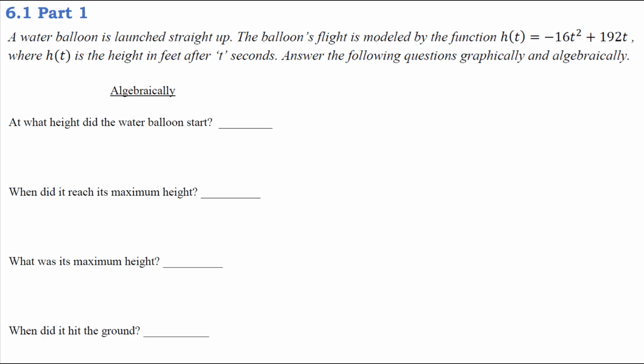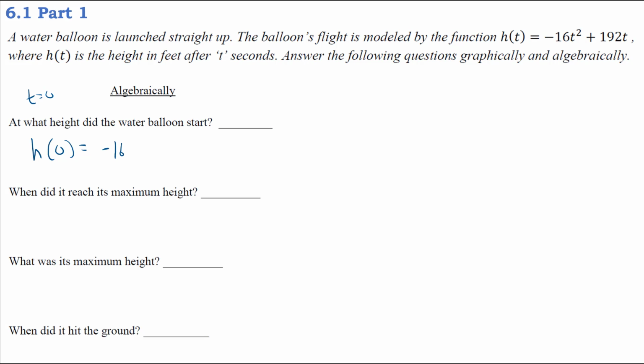What height did the water balloon start at? In other words, where did it start? Well, we want to put in our time of 0. So if h of 0, we're going to substitute every t value with 0.